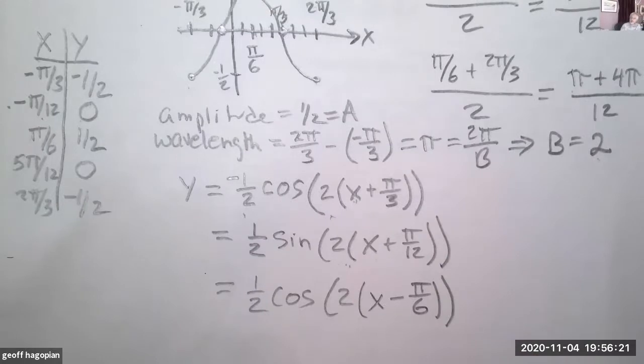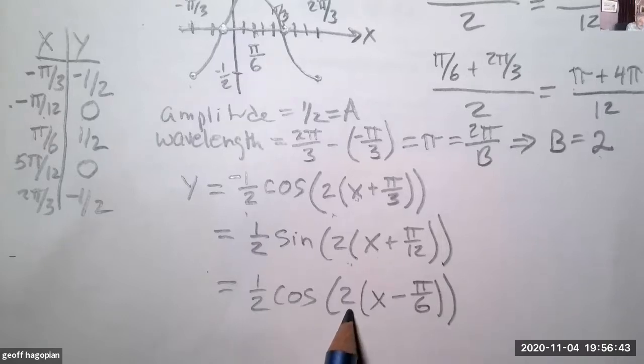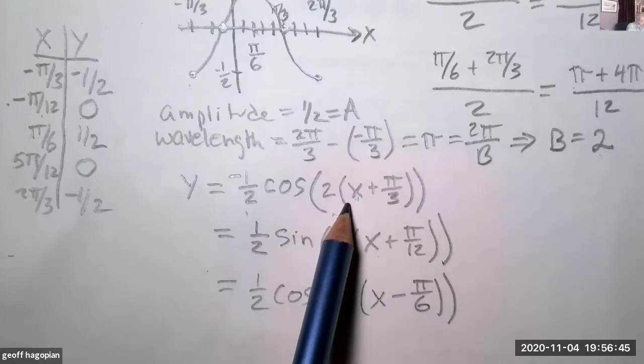So all three of those will give you exactly the same curve, exactly the same xy pairs. The first one, I think, is the least preferable. I like the second one because it has the smallest phase shift. But notice that the size of the phase shift for this one is smaller than the size of the phase shift for that one.